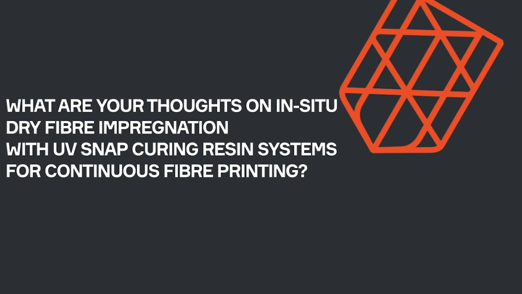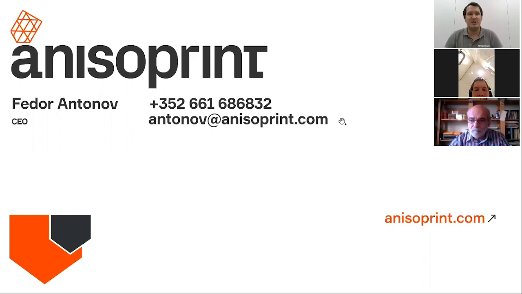What are your thoughts on in situ dry fiber impregnation with UV? Yes, I didn't mention this approach in this presentation, but yes, it does exist. So the co-extrusion with dry fiber and UV curable resins. UV curable thermosets in uncured state normally are not very viscous, and they can impregnate fibers very well.